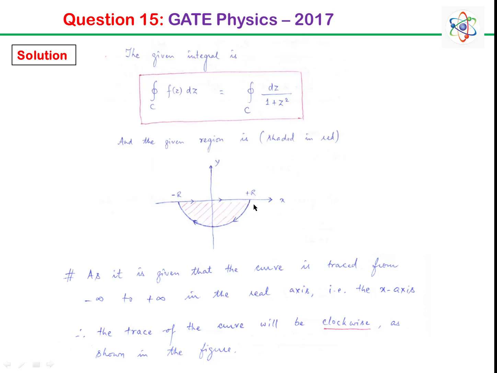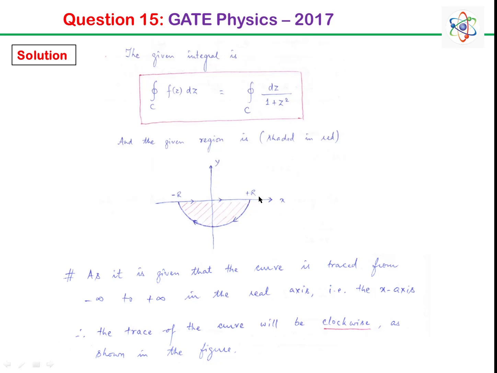Now for this problem, we are asked to find the integration of dz by 1 plus z square for this given curve C. We have been given that it's a region in the lower half plane, so it's a semicircle. The curve is traced from minus infinity to plus infinity on the real axis, the x-axis.